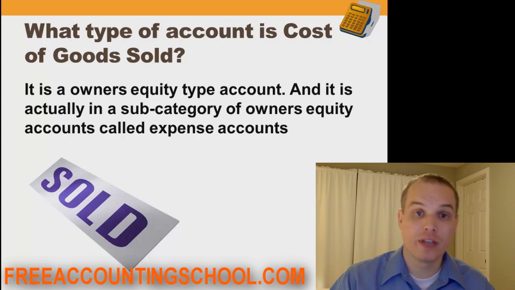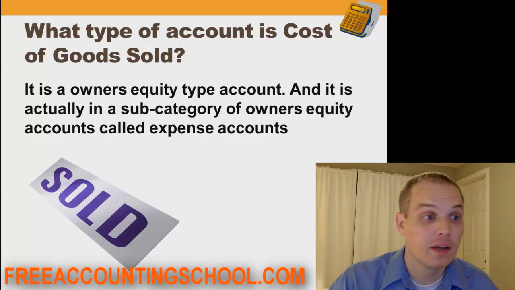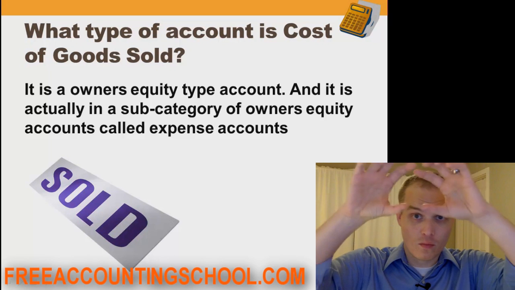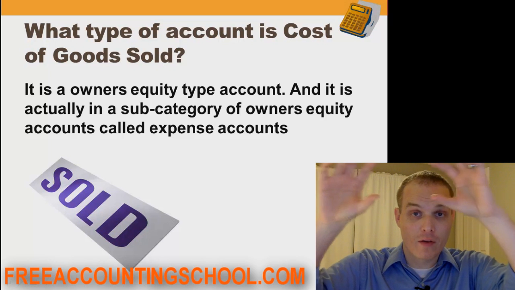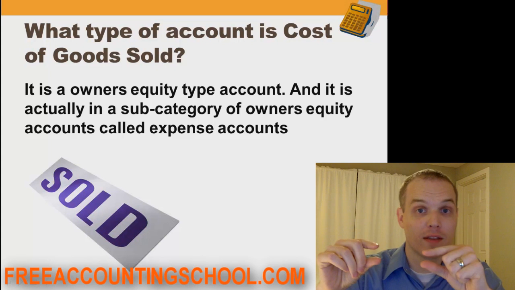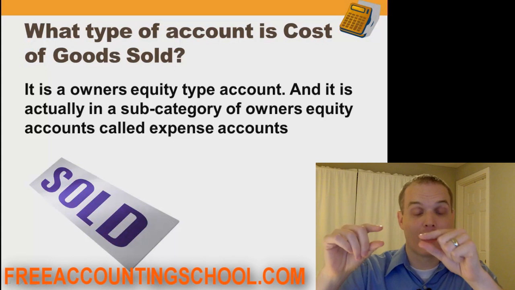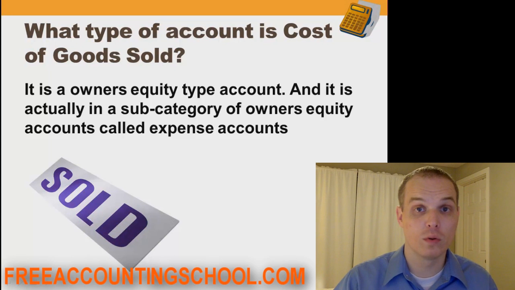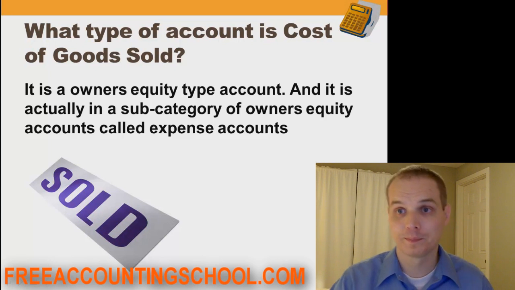Well, it's an owner's equity type of account, and it's actually in the subcategory called expenses. So again, owner's equity is one of the main categories of accounts, and there are subcategories underneath that category, and one of those is expense accounts. And cost of goods sold is an expense account.